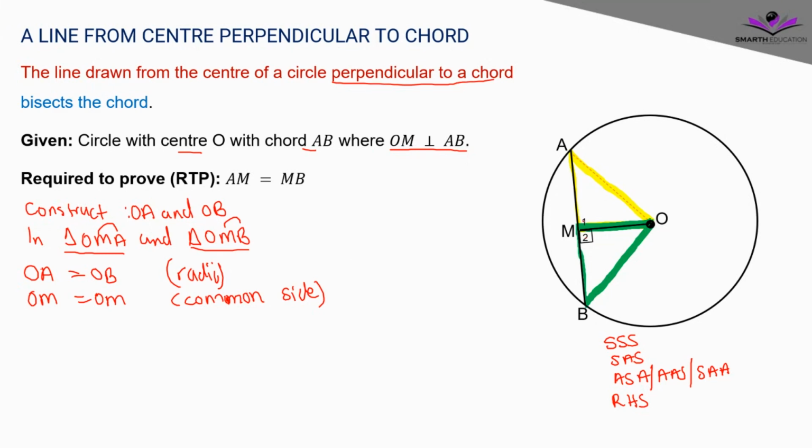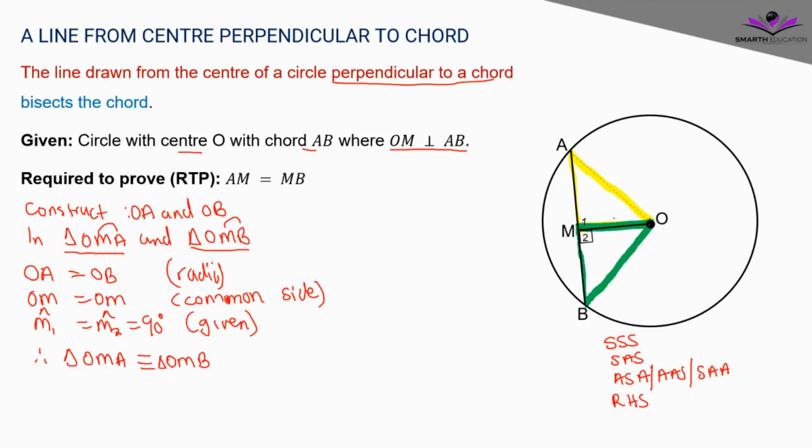So it means angle M1 and angle M2 are 90 degrees. So we have angle M1 is equal to angle M2, and both are equal to 90 degrees. We're given. So now we can then say triangle OMA is congruent to triangle OMB.